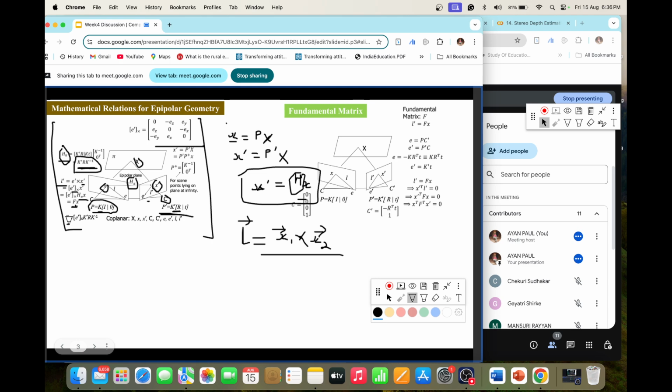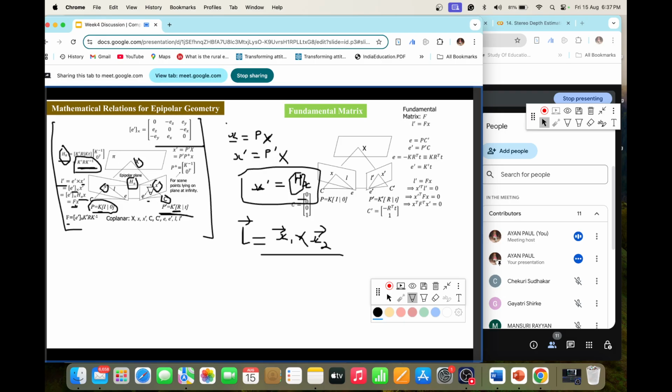Another thing: what is another significance of this fundamental matrix? Whenever this fundamental matrix is multiplied by an image point in one image plane, we can get the epipolar line of the other image plane.